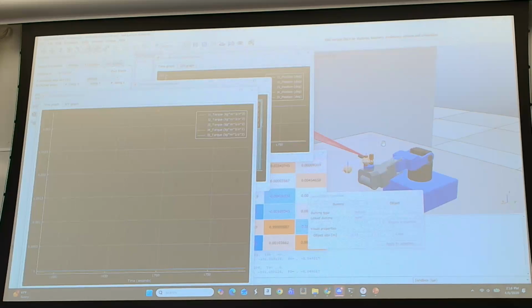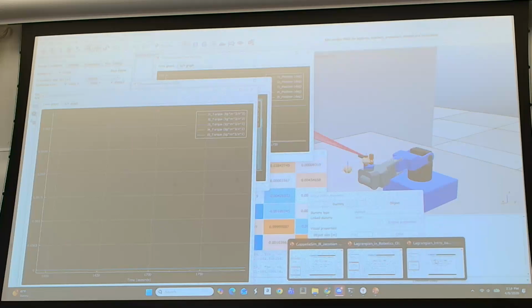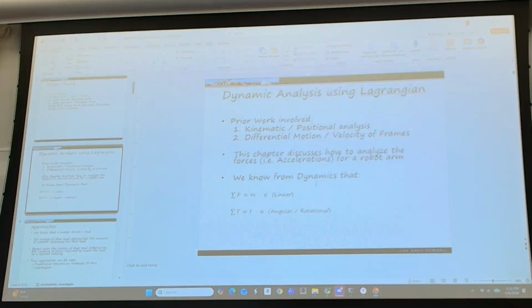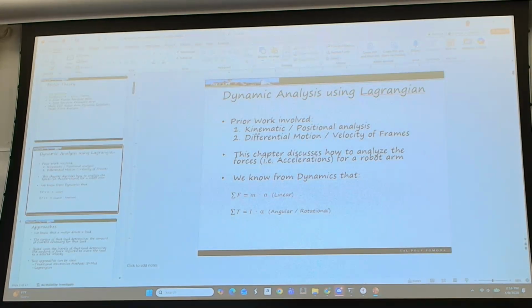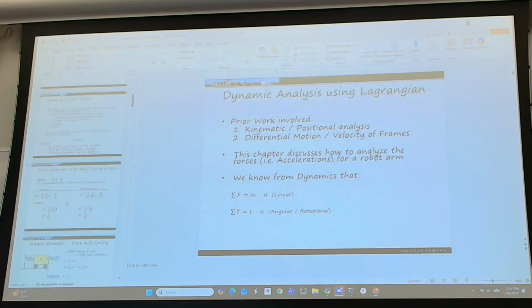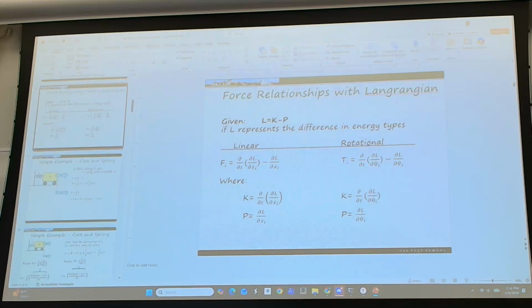We can use that technique by using the differences in the energy to construct these parameters. L is the Lagrange, from the kinetic energy minus the potential energy.